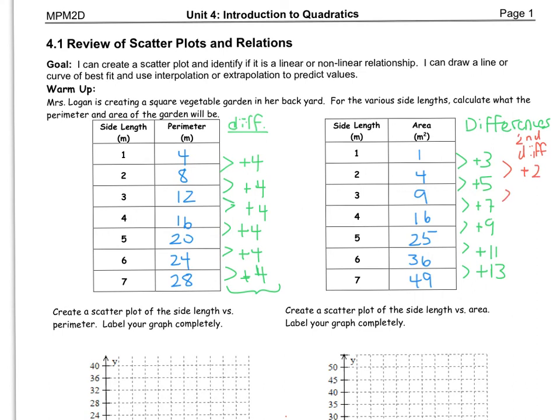And to go from 5 to 7, we're going up 2. And each time here, we're going up 2. I'm going to ignore putting the plus sign on these. So when our second differences are constant, like this, we end up with a special type of relationship, which is called our quadratic relationship. And that's the focus of our next couple of units.